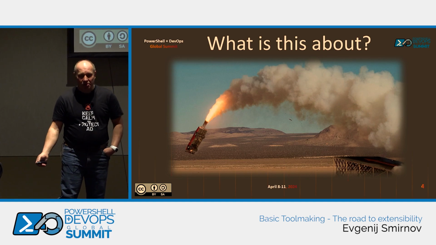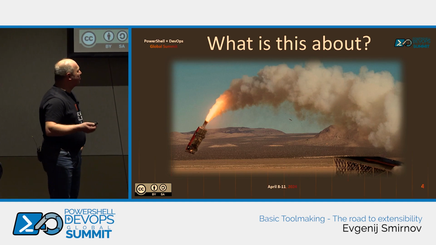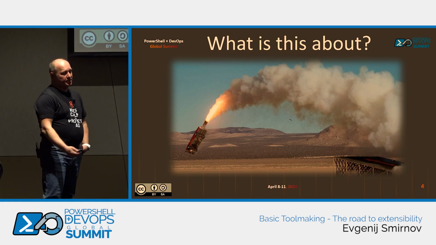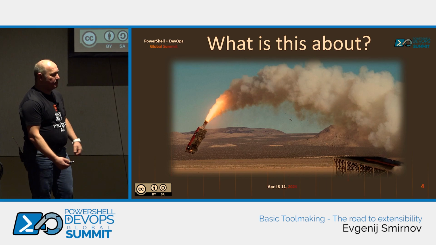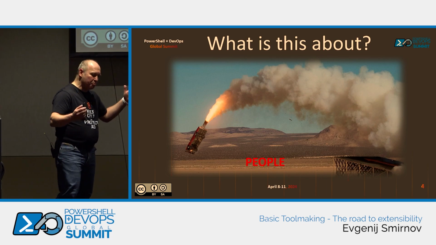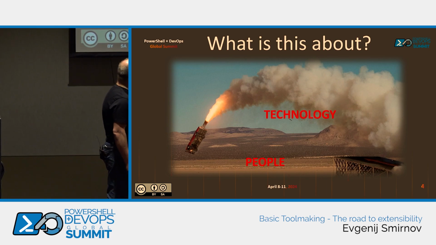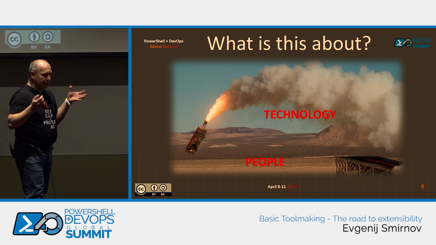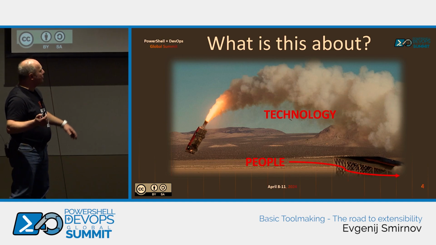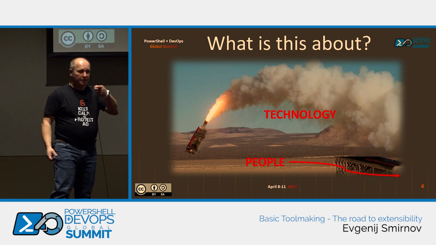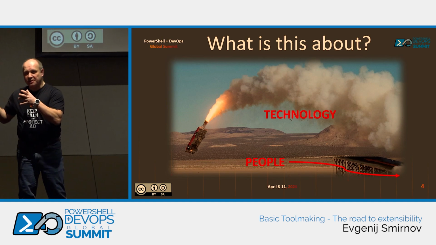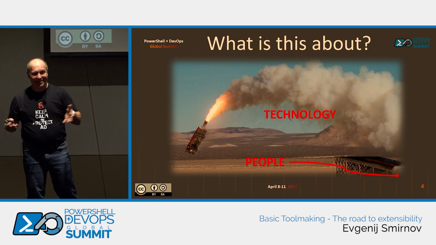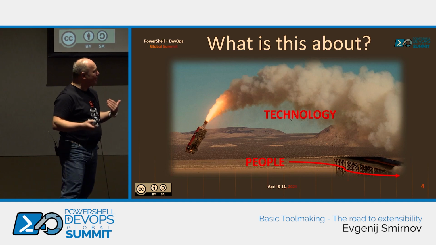So this should not be happening to you if you write a PowerShell script or module. And there is a people aspect to it, there is a technology aspect to it. So we will be talking about both people and technology in this session. And both exist on both sides of the equation. There is you making the tool, there is your team probably giving the tool to other people outside your organization, if that is meant that way.